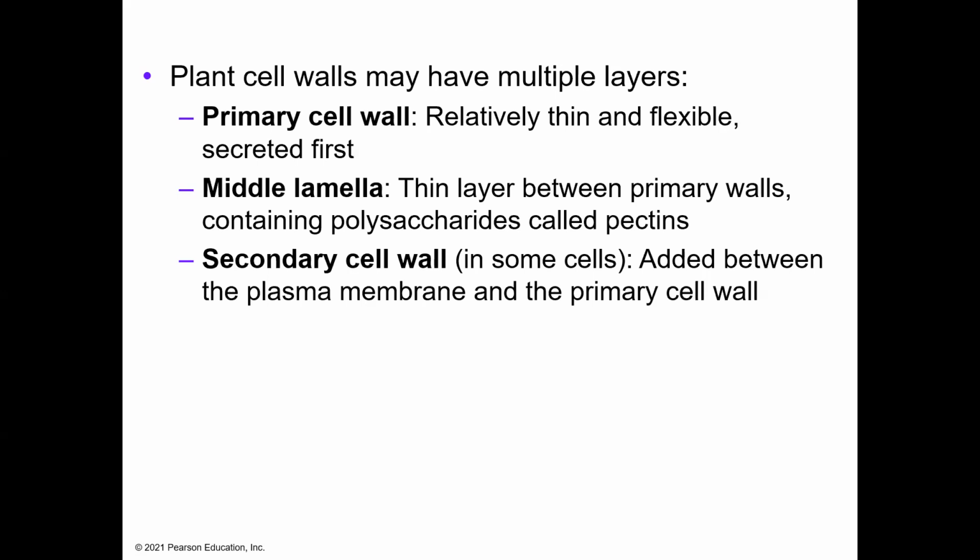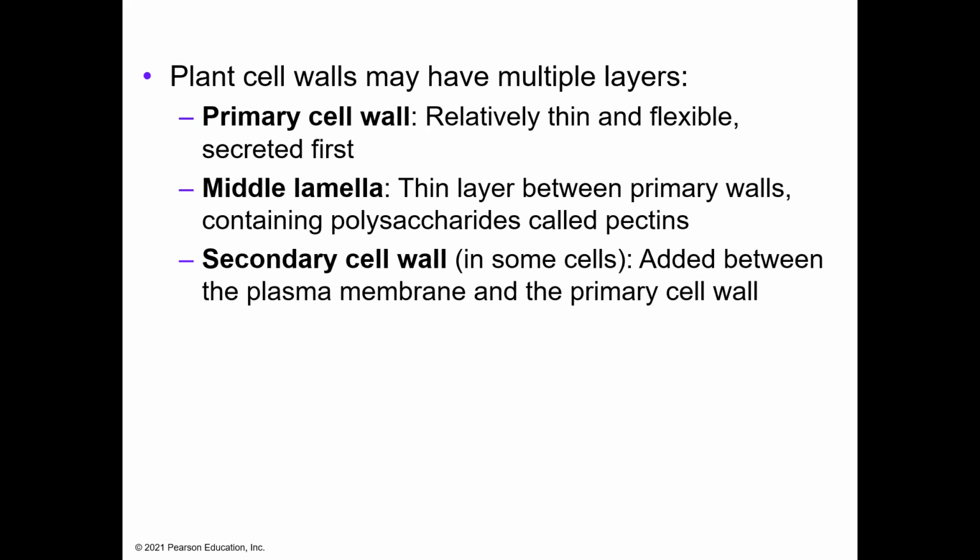And then there's the middle lamella, which is the thin layer between the primary walls, containing polysaccharides called pectins. The pectin is kind of like a glue. If you have two plant cells next to each other, those plant cells will excrete the primary cell wall, and those walls are kind of glued together.